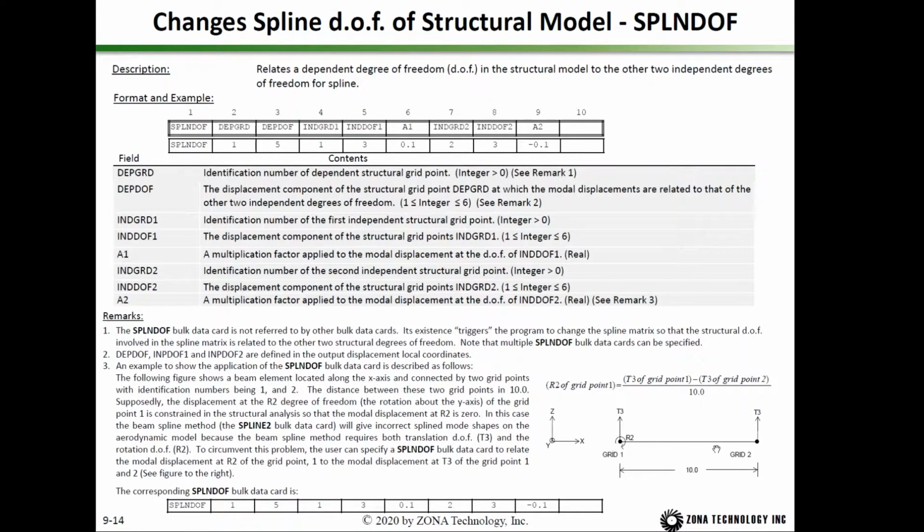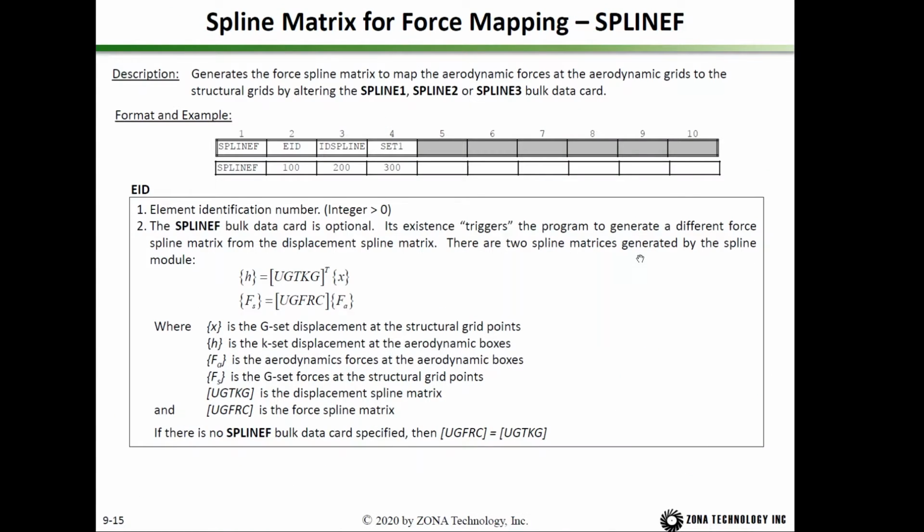The distance between those grids is 10. So we use this equation to compute the slope. This slope will be the rotational degree of freedom at this grid point. So in so doing, we create a rotational degree of freedom for beam spline using the spline d.o.f class.